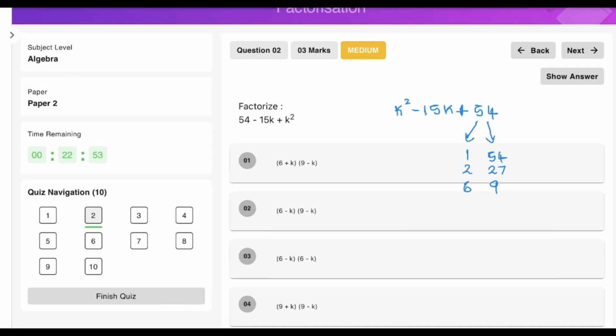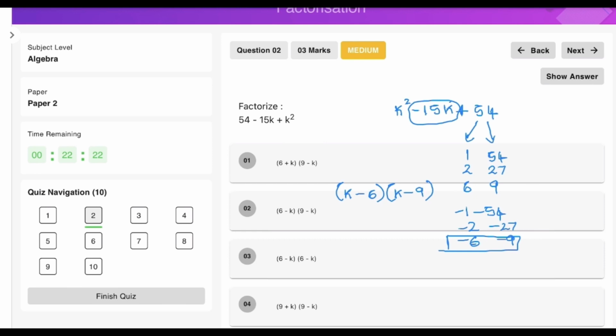And when we look at this, we need negative 15, so that means we have to consider the double negative multiplication. So that is, we can take factors like this. And if you look at the only factors which will give us the negative 15, that's going to be negative 6 and 9. So if I'm putting this into the bracket, that's going to be k is negative 6 and k is negative 9.